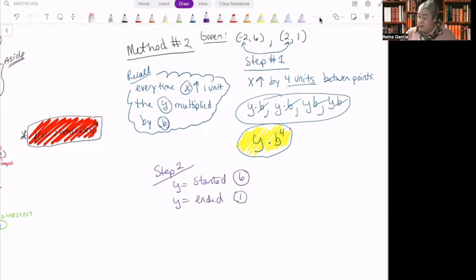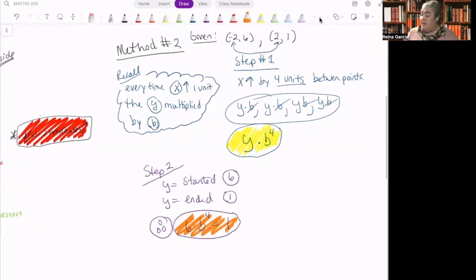So if that's true, I can reason the following. That my first y, which was 6, times this b to the 4th, which I know had to have happened since my x went up 4 units, has to equal my second y, which was 1. Okay? That's what I do in step 2. And once I have found this equation in step 2, which I'm now going to highlight in orange, now I'm ready to move on to step 3.